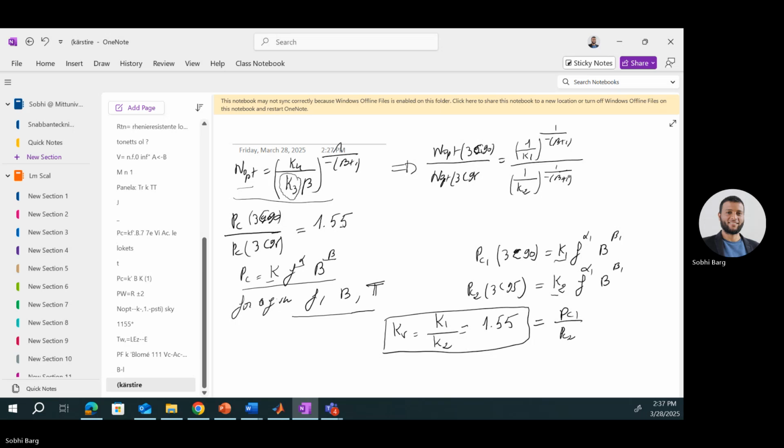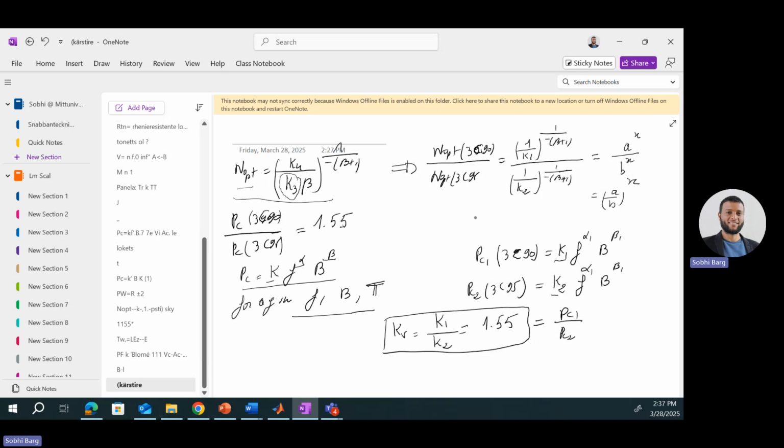Okay, so we can compute this. Beta is the same for both materials. So this equation is like having parameter a to the power of x divided by b to the power of x, so you can just write a divided by b to the power of x.